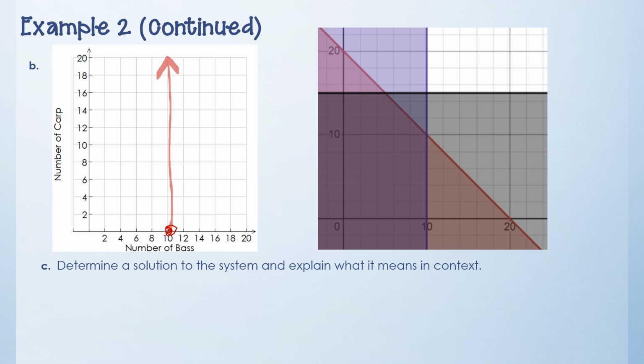Okay, then for the amount of carp, that was 15, so that would be in between 14 and 16, and that's going to be a horizontal line. And then x plus y is less than or equal to 20, has a y-intercept of 20, and also an x-intercept of 20.